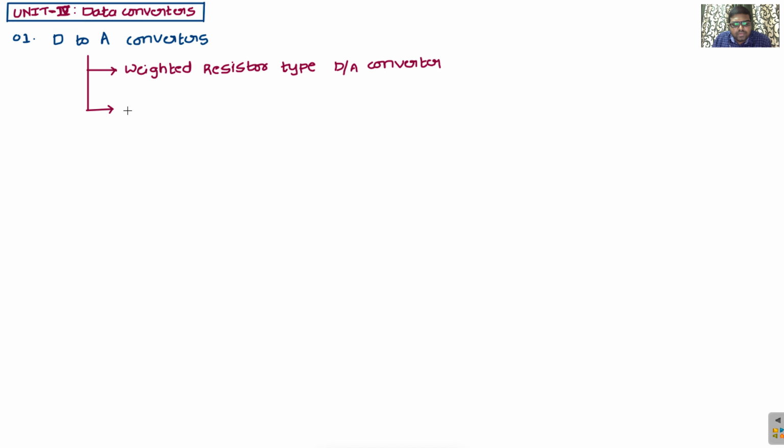And the next one, R to 2R ladder type digital to analog converter.